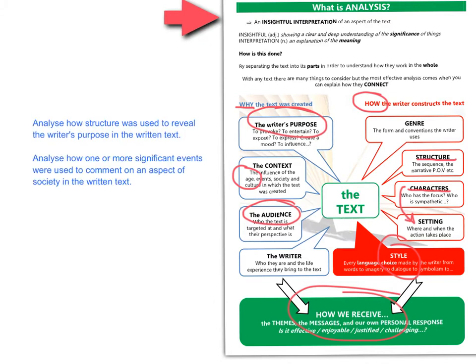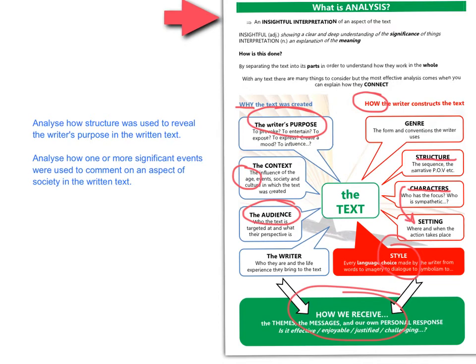Here's another question. Analyse how one or more significant events were used to comment on an aspect of society in the written text. So there you're looking at something that happens in the story and how that is used to reflect perhaps the society that it occurs in.